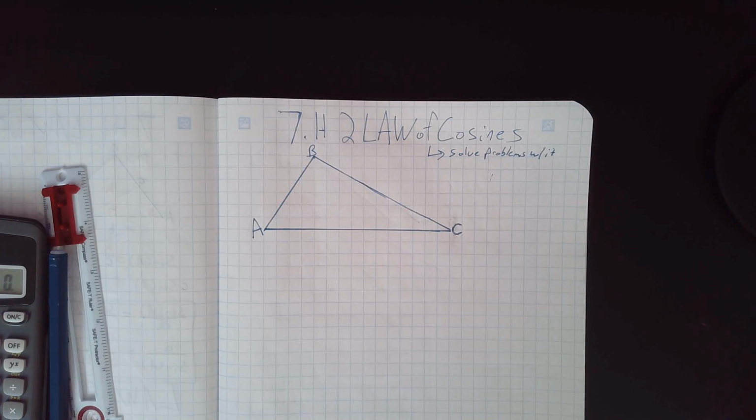But unlike the law of sines, it uses two sides and one angle to solve those triangles. The law of sines uses two sides and one angle, or two angles and one side. This uses two sides and one angle.